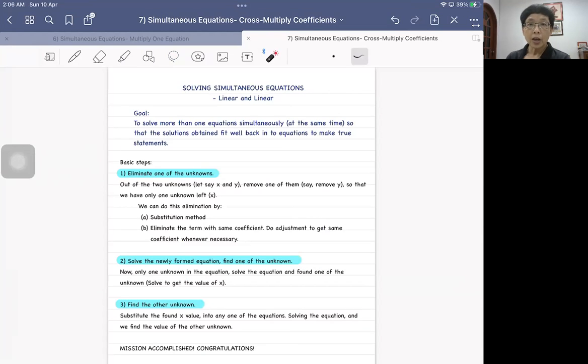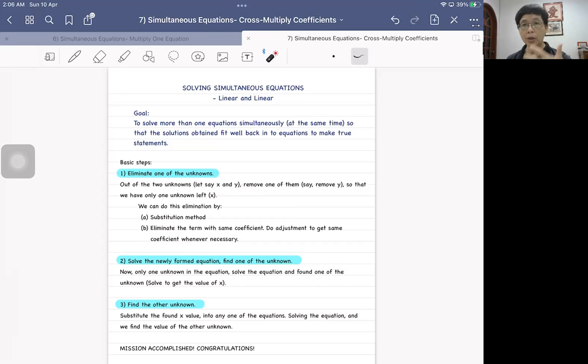On this page, I have recorded this for you if you're interested to find out more theories about solving simultaneous equations. But if you do not remember or read through all these many words, no worry. I have highlighted 3 subtitles.